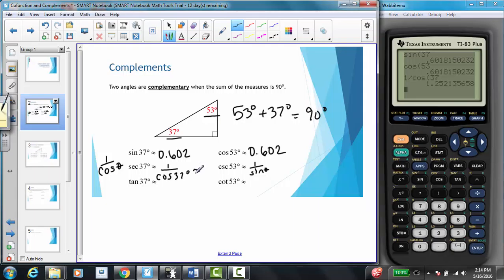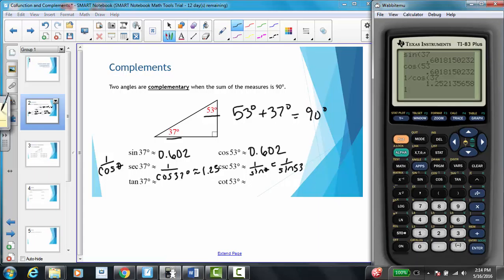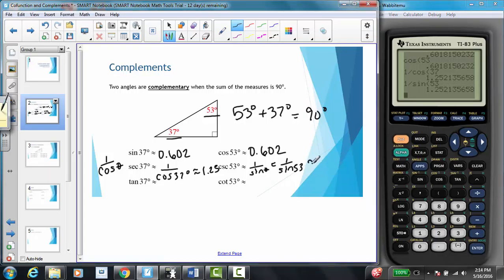I get approximately 1.25. And over here I have 1 over the sine of theta, which in this case our theta is 53. So I have 1 over the sine of 53 degrees. Putting that into my calculator, I again get the same thing, approximately 1.25. So we have this relationship going on between sine and cosine.